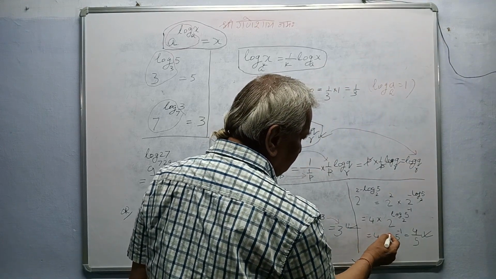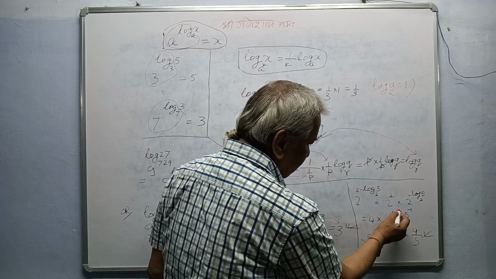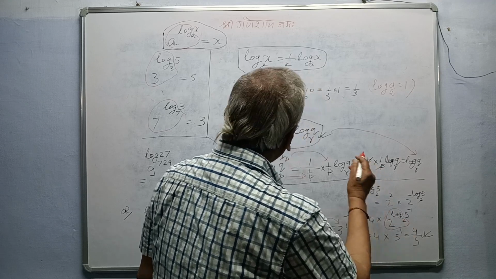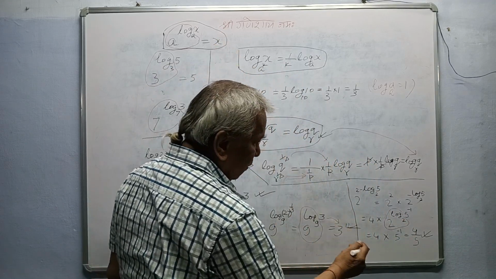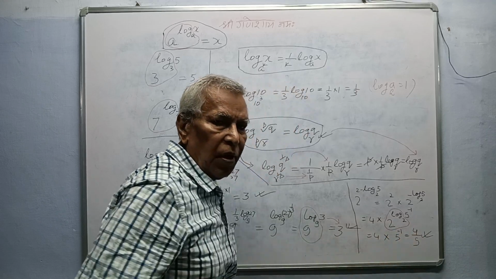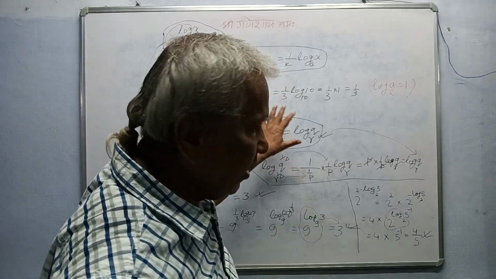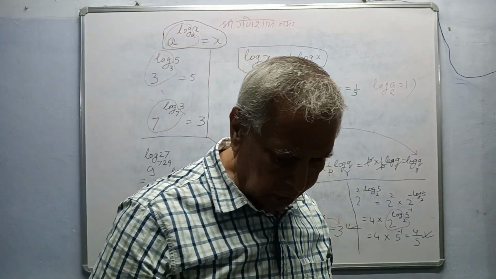So 4 into 2 to the power log 5 to the power minus 1, by this formula it becomes x. So this is equal to 5 to the power minus 1, so this is 4 by 5. Just remember this; it was told for recapitulation, so that you do not face difficulty later on.